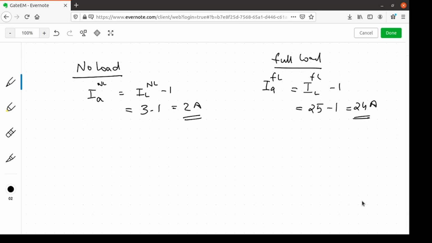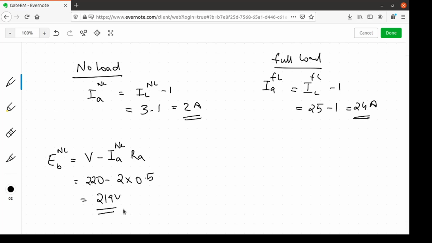Now let us find the back EMF. So at no load, we'll use the KVL. Eb equals V minus Ia no load Ra. So this is the no load back EMF equals 220 minus Ia no load, which is 2, times Ra, which is 0.5. So that will be 219 volts.